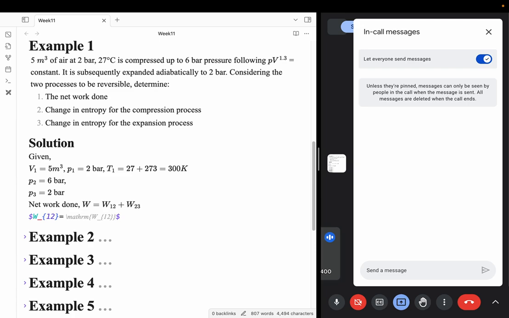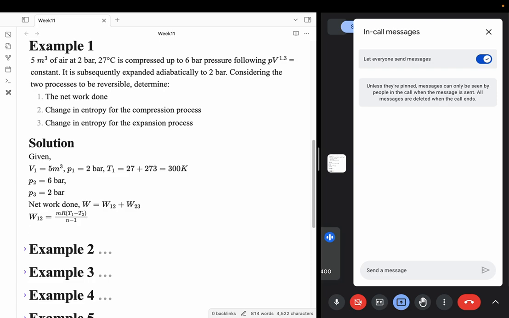We have derived this previously. It is mR (T1 minus T2) by (n minus 1), in terms of your polytropic index. But in order to use the above relation, I need to know T2. T2 is unknown here.